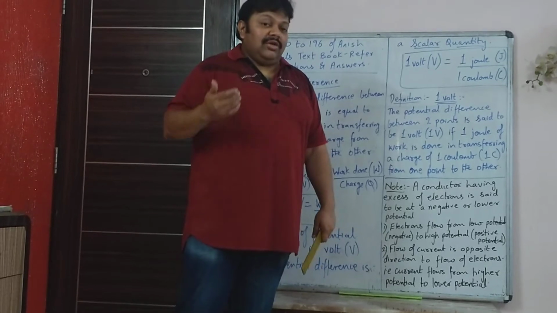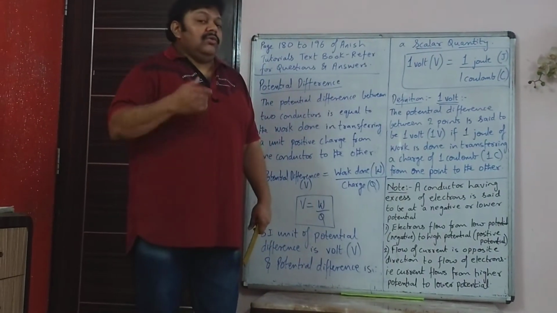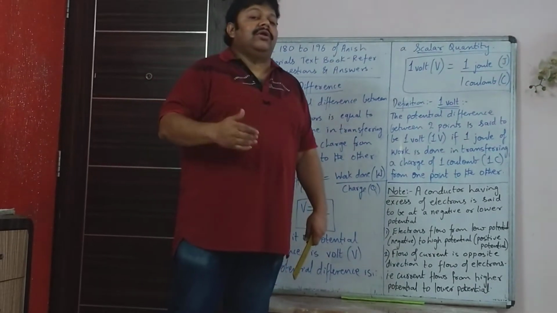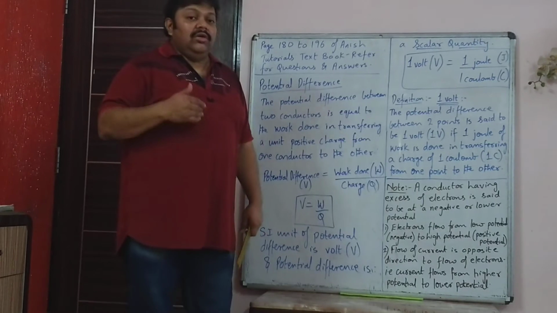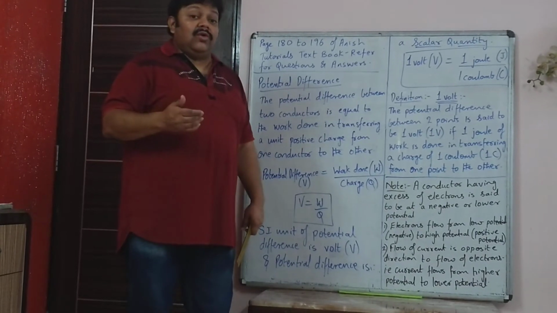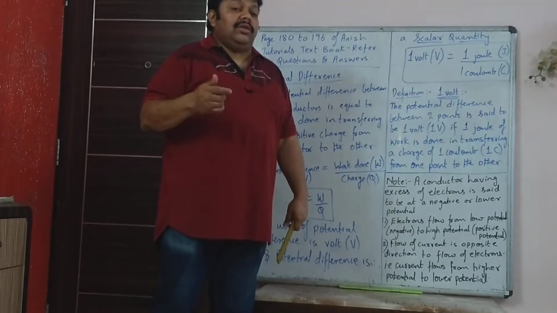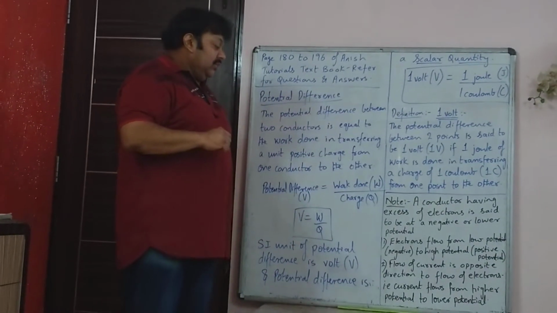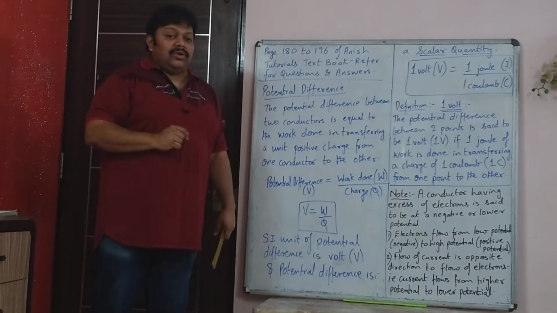But by internationally accepted convention, that means rule, we show the flow of current to be in the opposite direction to the flow of electrons. So we say that current will flow from higher or positive potential to lower, that is negative potential. So current flows from high potential to low potential.